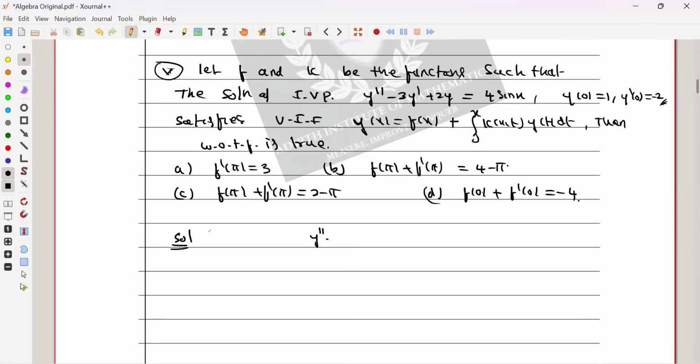The given equation is y double dash minus 3y dash plus 2y is equal to 4 sin x, right? So y double dash is equal to 4 sin x plus 3y dash minus 2y. So integrate on both sides and take the limits from 0 to x.